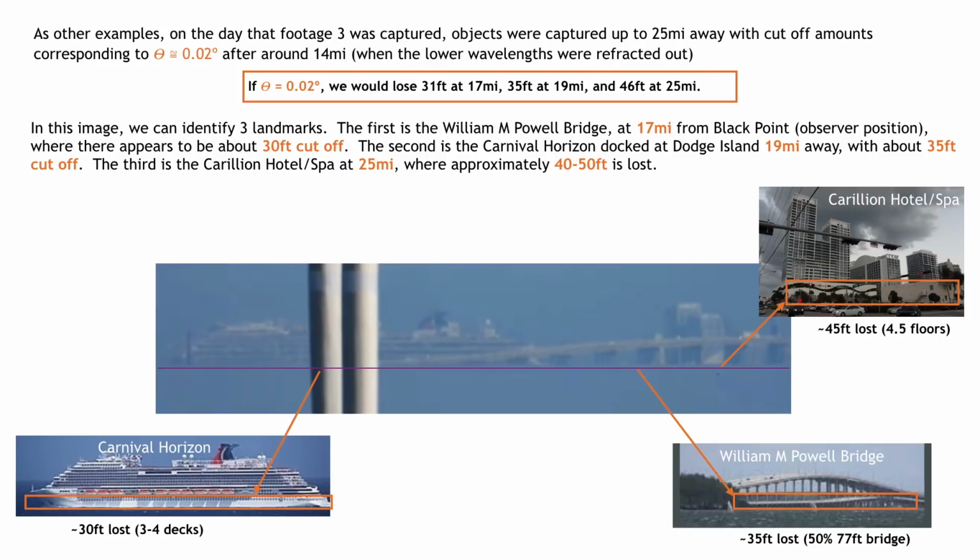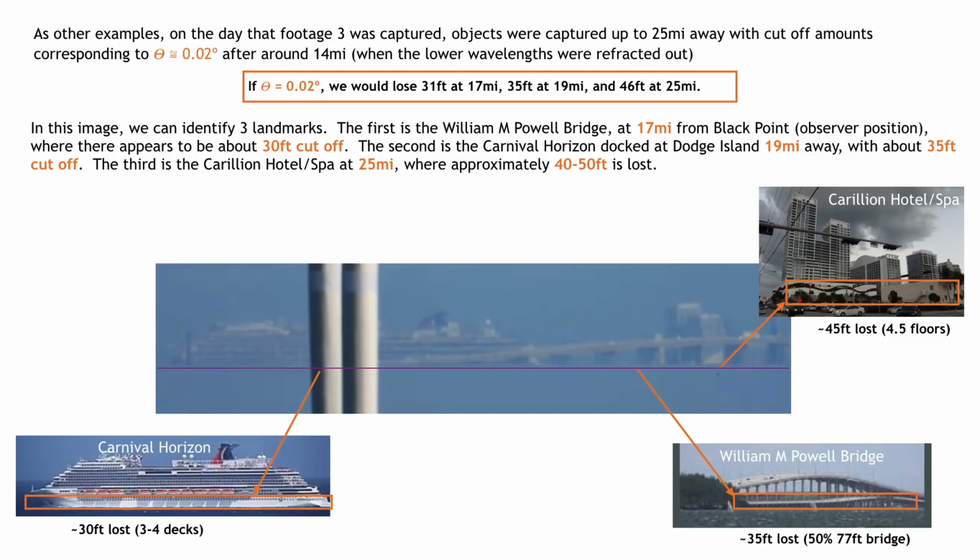And the third is the Carillon Hotel and Spa, about 25 miles away, where approximately 40 to 50 feet is lost. So within the cruise line, again, you can see the bow of the boat on the left, and it appears that about 3 to 4 decks worth is cut off from that boat. For the William M.